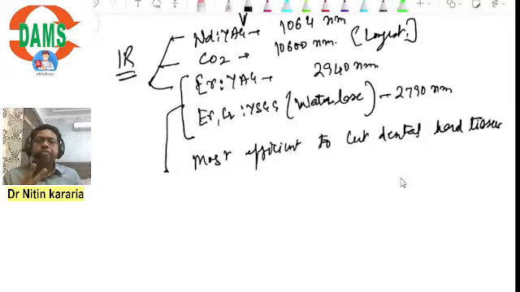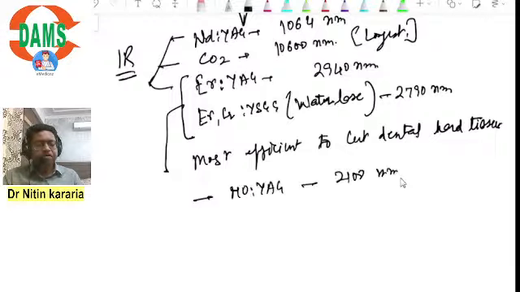So two lasers can be used for hard tissues: one is the excimer laser, another the erbium lasers. Out of them, the most efficient for removing the dental hard tissues are what type of lasers? The erbium lasers. Then we have the holmium YAG laser, wavelength of 2100 nanometers. These are the principal examples of your infrared lasers.